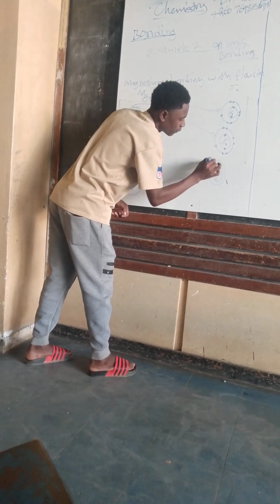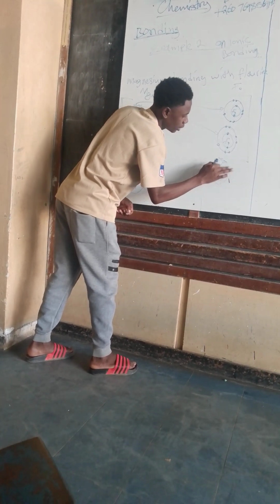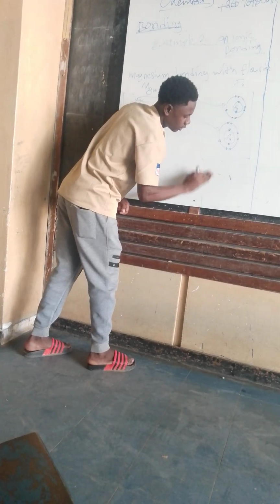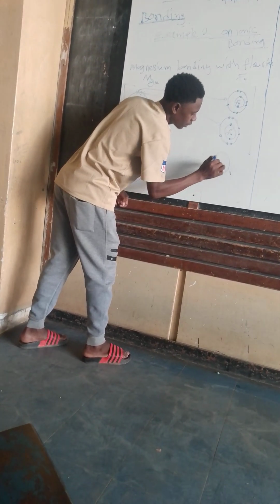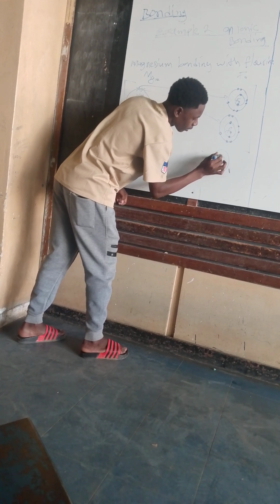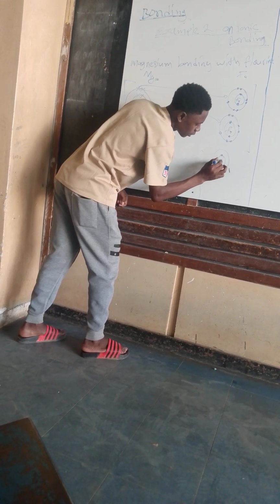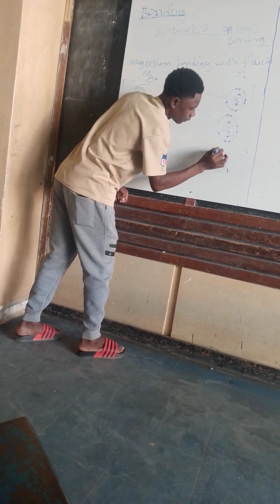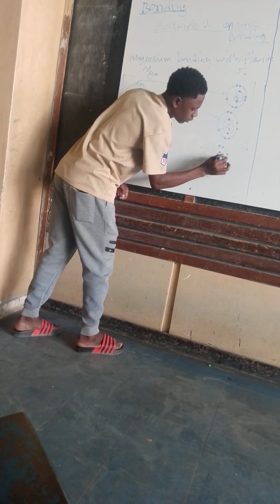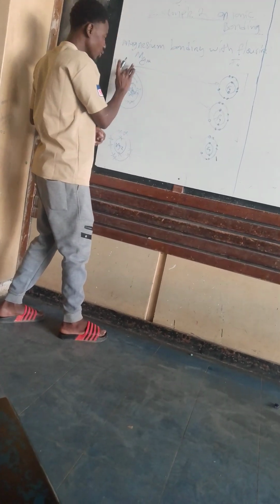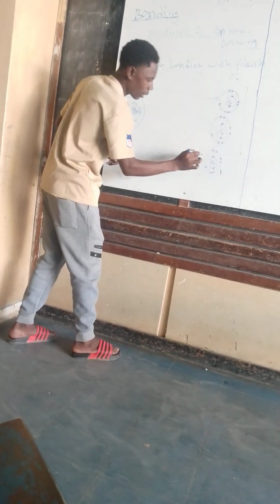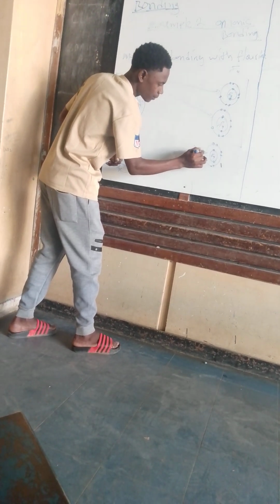Then the last shell will have 2. Sorry. Should be a cross dot diagram here. We have 2 electrons there, 4, 6, 7. Then this one, which was transferred, will appear here in that form.